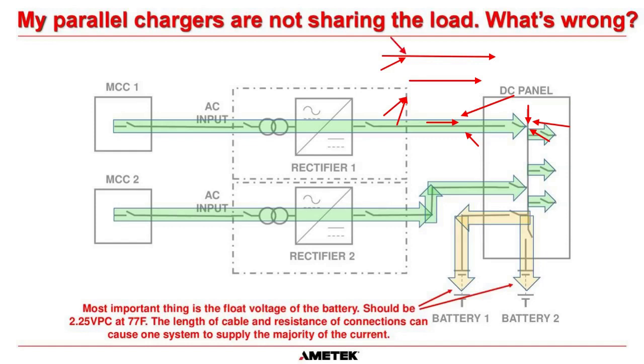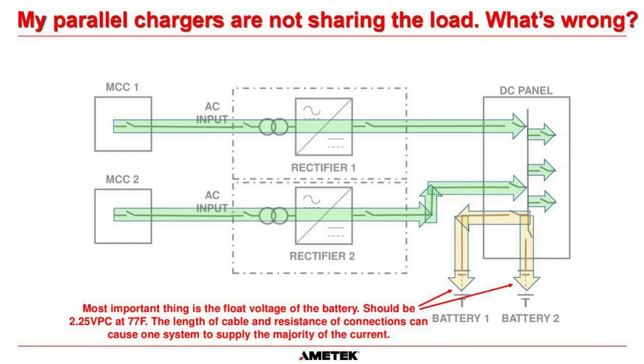Whenever there is an unbalance between the output voltage of rectifier 1 and rectifier 2, whichever has the highest voltage will supply the majority of power to the load circuits. They're in parallel. Whichever has the highest voltage is always going to win. So that is the inherent problem with load sharing.